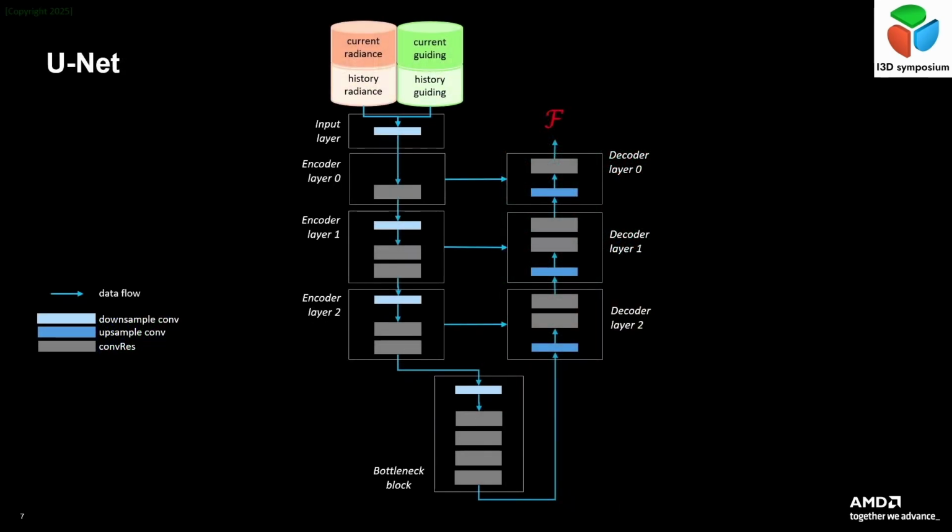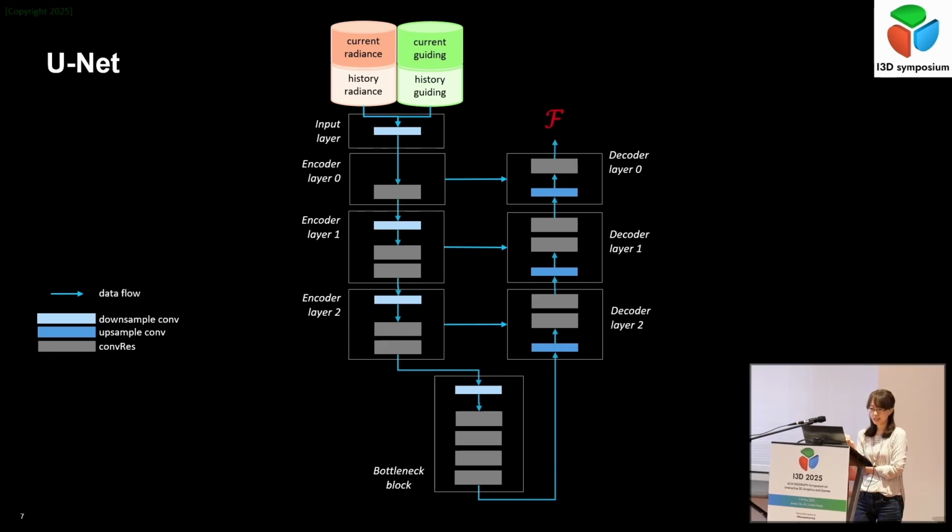To explain our multi-branch architecture, let me start with the UNet architecture first. Here I have current frame information as well as history frame information as an input together. For the current frame, I have noisy radiance as well as guiding information from the G buffer. They are all concatenated together and then passed to the UNet as an input.